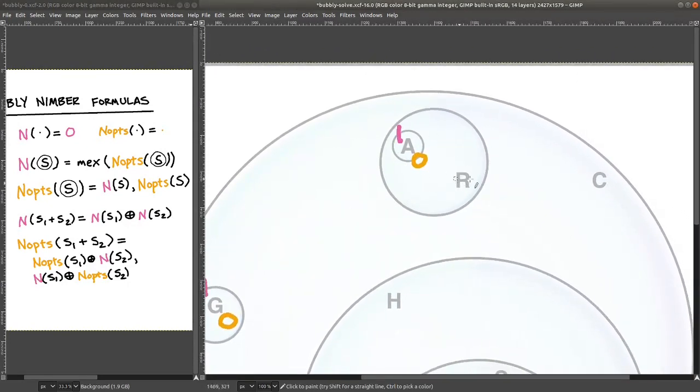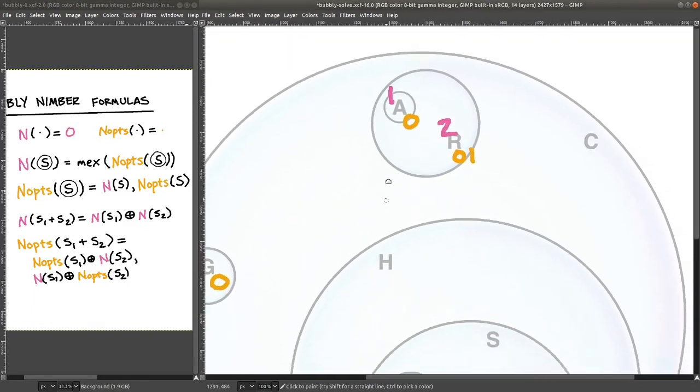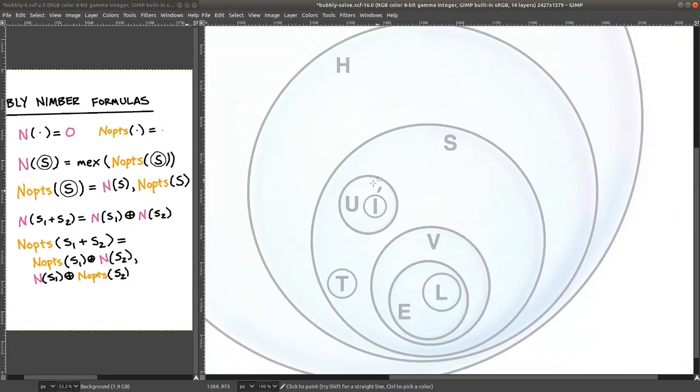Now R only contains A. So according to our rule here, the nimbers of R are the pink and orange numbers of A, 0 and 1. So its nimber is 2. So we could also just say that R is equivalent to a nim stack of 2. And that's probably going to be simpler in general. So for instance, U here is equivalent to a nim stack of 2.